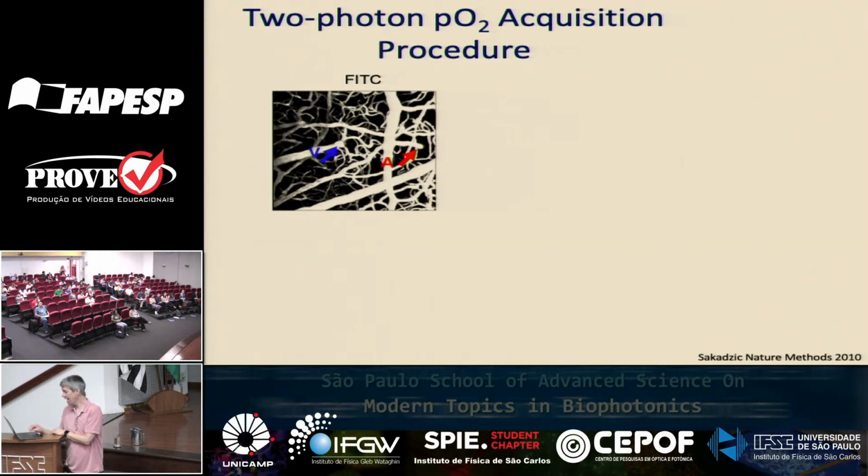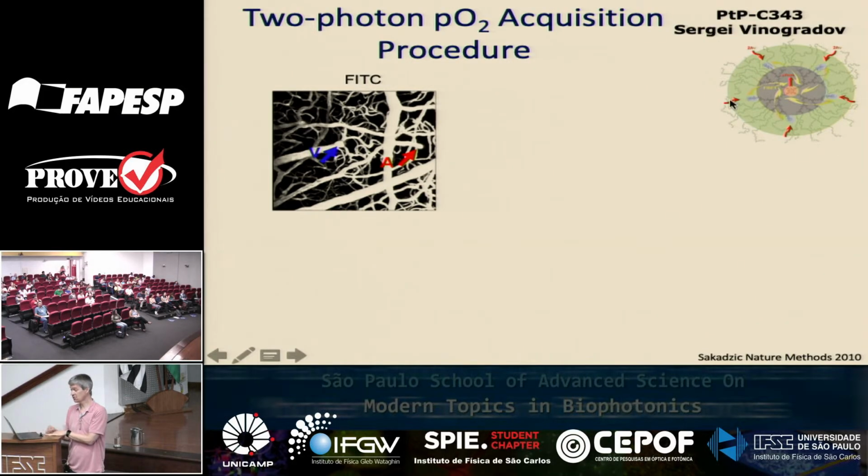If instead we had a dye that Sergei Vinogradov had just made, which is a beautiful dye in that it's very well encapsulated, which calibrates the relationship between phosphorescence lifetime and oxygen very well, but importantly, it has these antennae out here that have a very strong two-photon cross-section that then transfer their excited state electron to the porphyrin or palladium, he uses both actually, core that gets into a forbidden state and so produces the phosphorescent decay.